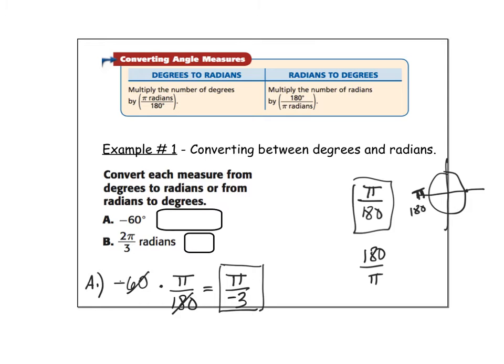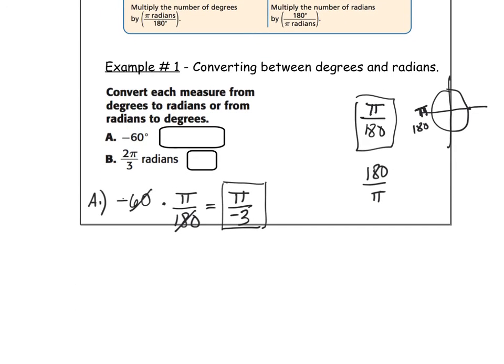Let's look at the other example here. It says to convert radians now into degrees. All right, so we have radians in pi, but we want to leave the answer in degrees. So which one of these are we going to use? We're going to use the second conversion factor here because we want the pi's to cancel. Let me show you what I mean. So I'm going to multiply this by the conversion factor 180 over pi.